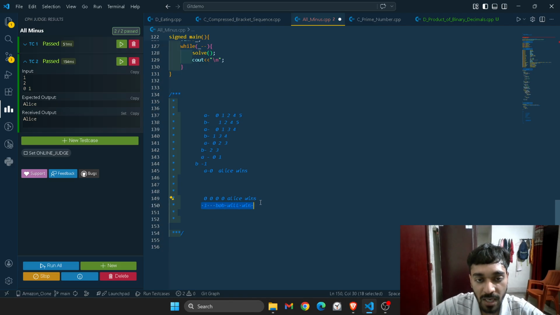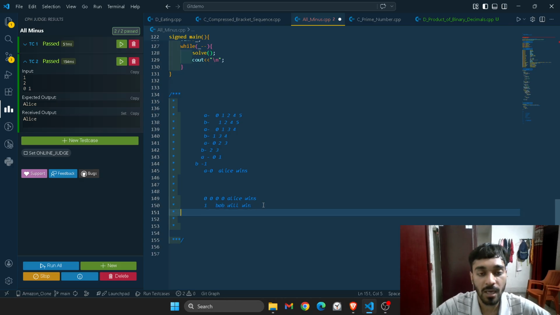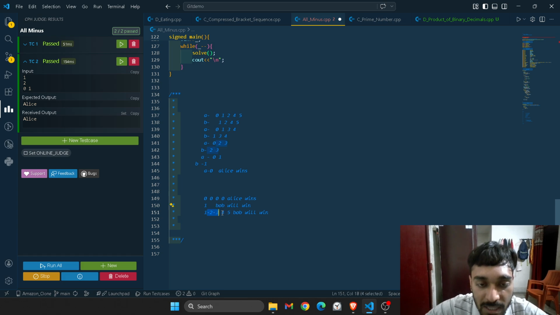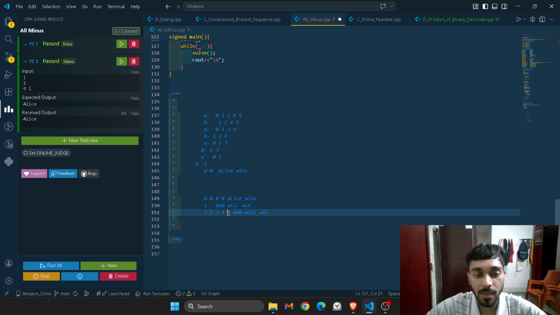So from this we can also deduce that if the array is like 1, 2, 3, 4, 5, then also Bob will win. Why? Because Alice will come and make this array 0, 1, 2, 3, 4. Then Bob will come and remove that 0. So now again Alice's move will come.